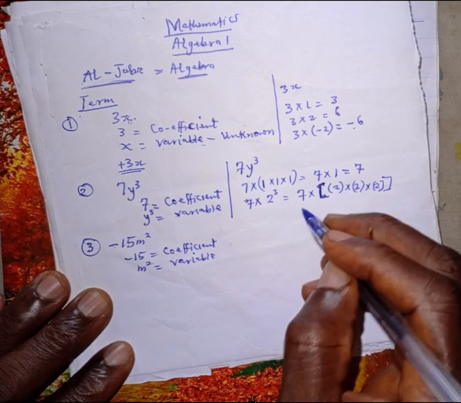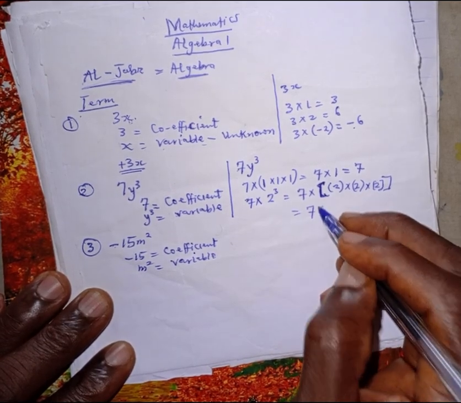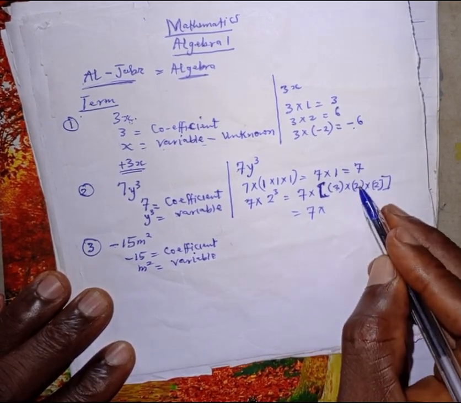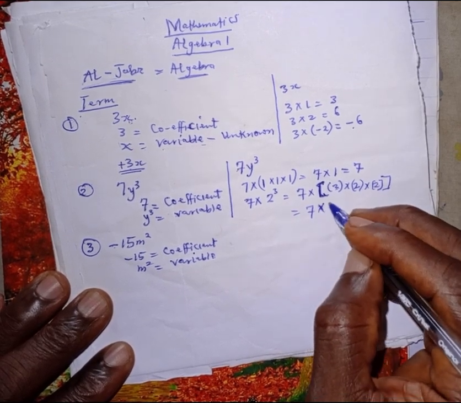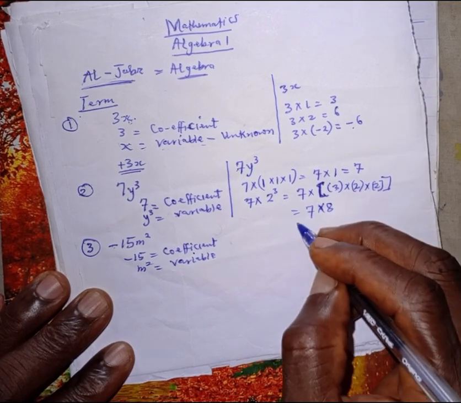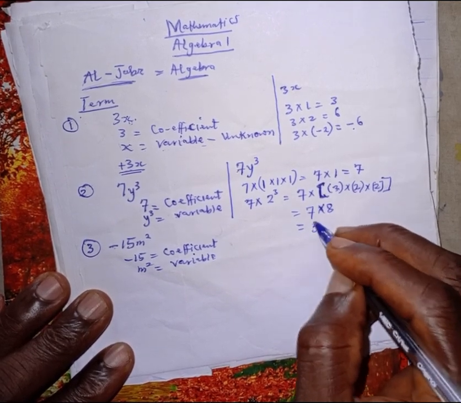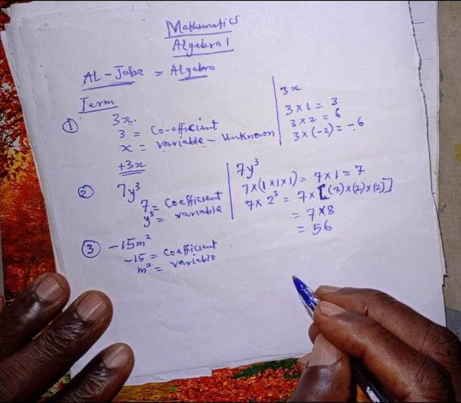So 2 times 2 is 4, then 4 times another 2 is 8. 7 times 8 is 56. You can see that now.